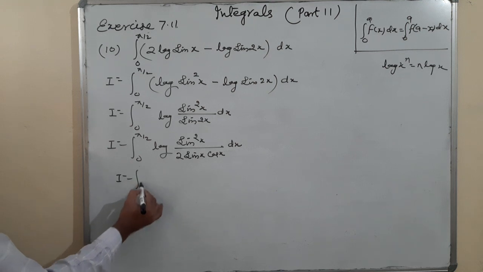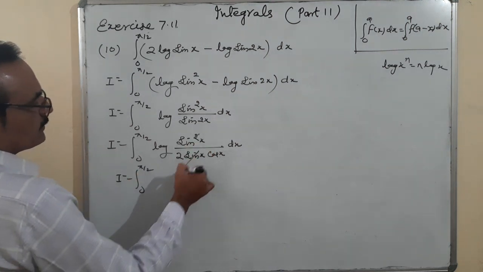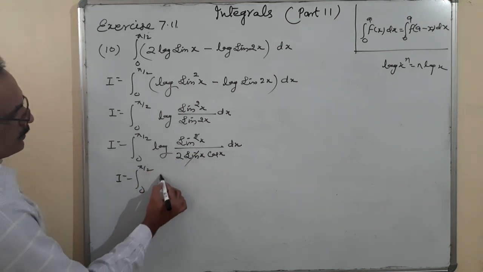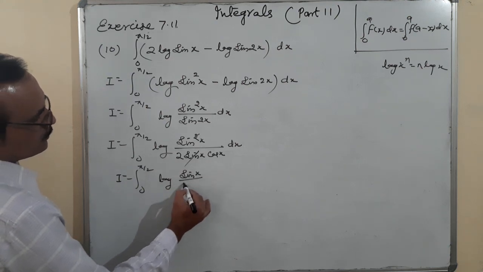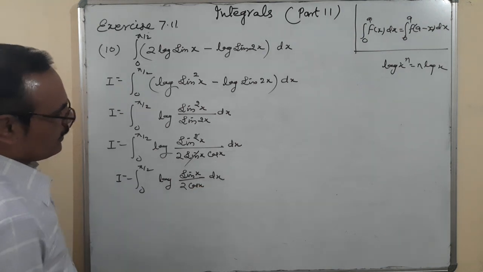Therefore, I is equal to integral 0 to pi by 2. One sin is cancelled and the term is coming log sin x upon 2 cos x dx. Okay.